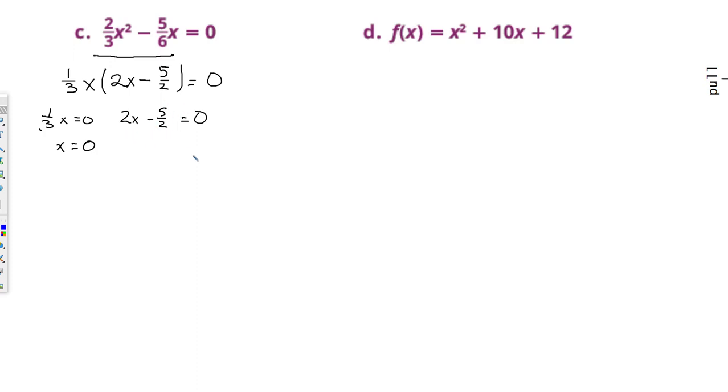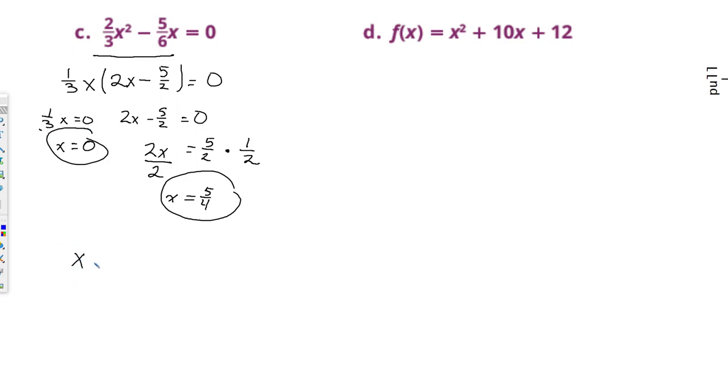When I move the 5 halves over, it becomes a positive 5 halves on this side. And so I have 2x is equal to positive 5 halves. And then I'm going to divide both sides by 2. And when I'm dividing, remember I'm multiplying by the reciprocal. So x is equal to 5/4. And x is equal to 0. Which one is the smallest of those two?